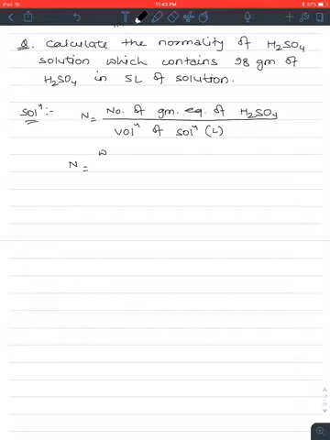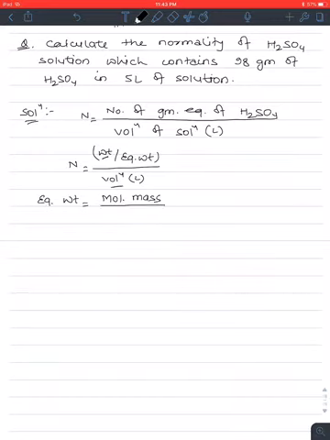Weight is given, so we have seen one formula, that number of gram equivalents is weight divided by equivalent weight, upon volume of solution in liters. Now weight is given, volume is given, what about equivalent weight? So we know equivalent weight is equal to what? Molar mass, molecular weight or molar mass, divided by n factor.